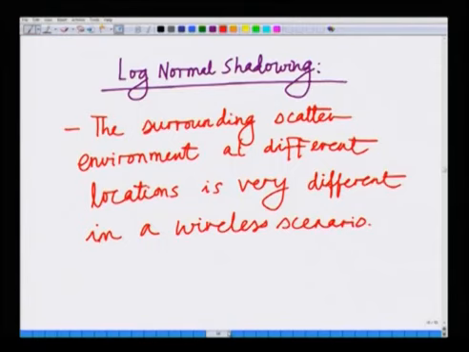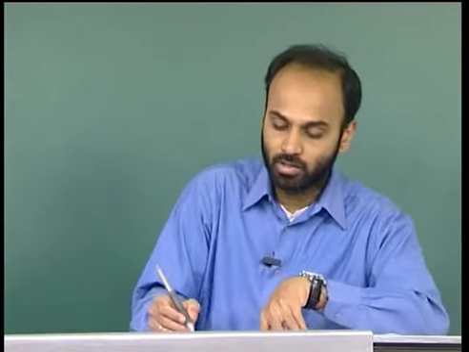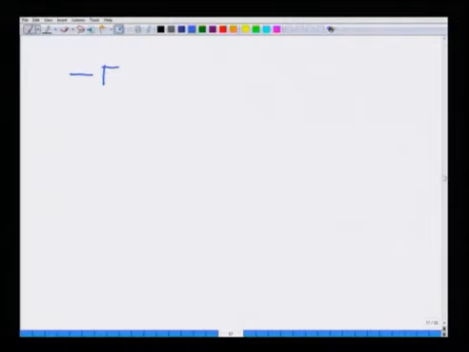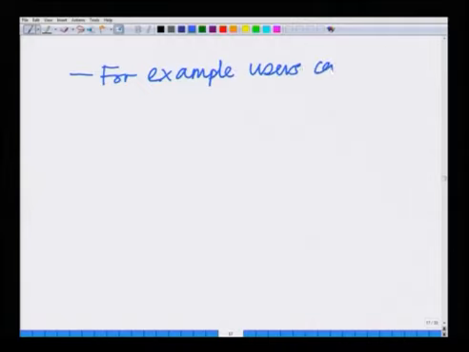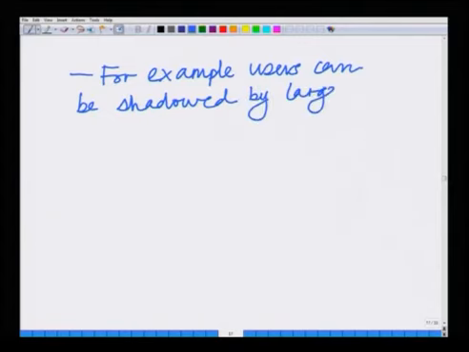For instance, a user can be shadowed by a large object such as walls or buildings.